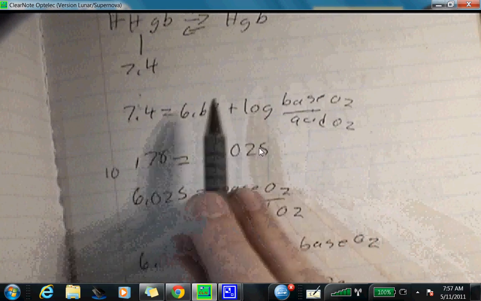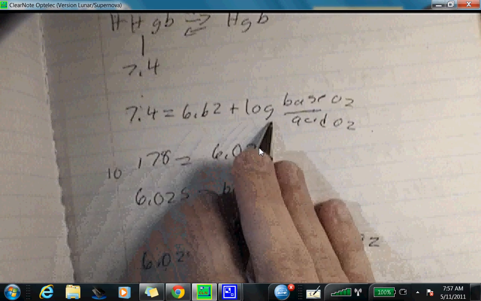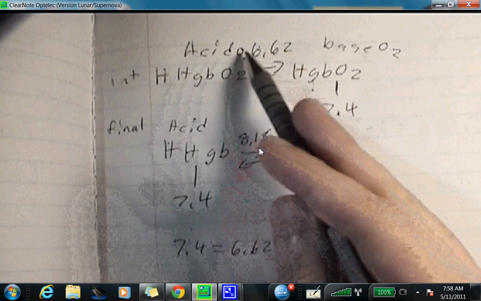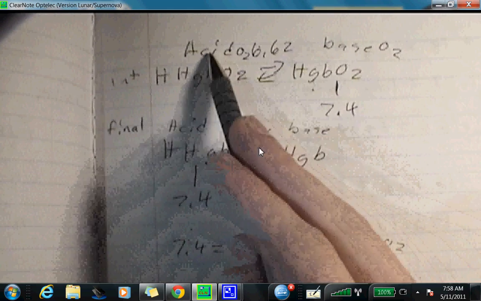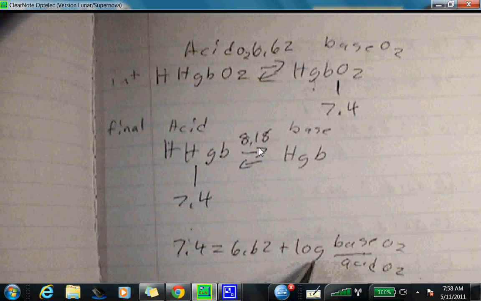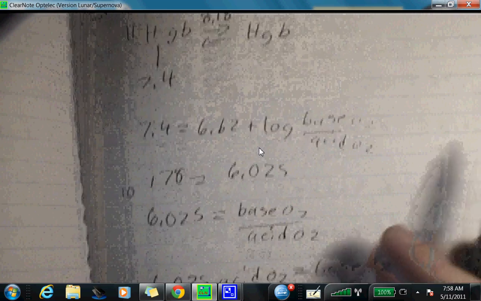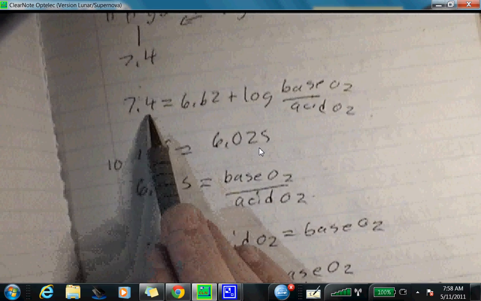So first, we're going to set up our HH equation. The way I'm diagnosing this is acid O2 and base O2, acid and base. This is just to help keep our things separate, but at the same time give us a similar form between both equations.